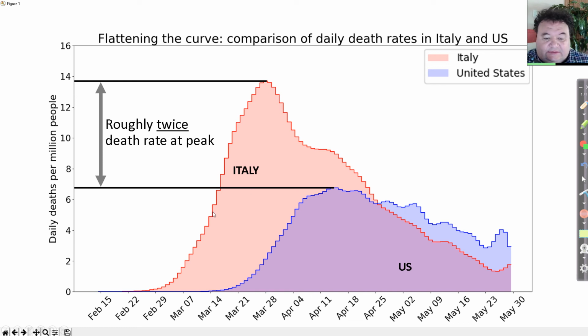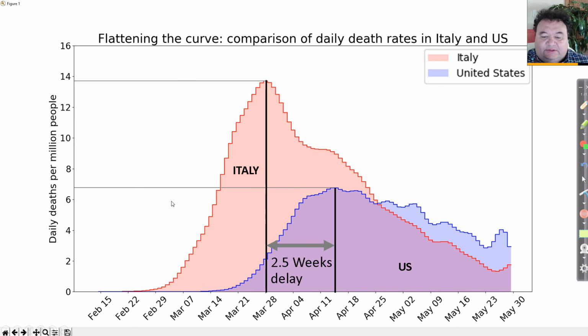Now, this is easily explained by the fact that Italy has been struck much earlier, so the system was, I guess, ready, both in terms of infrastructure and in terms of the understanding of what was going to happen and reacting quickly to the situation. So this delay also can be measured.